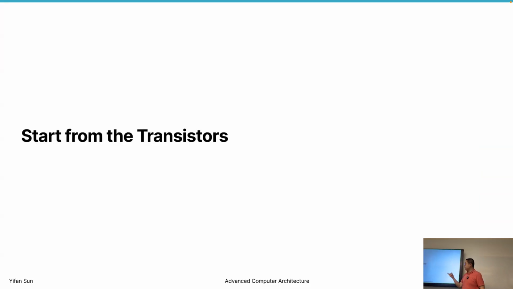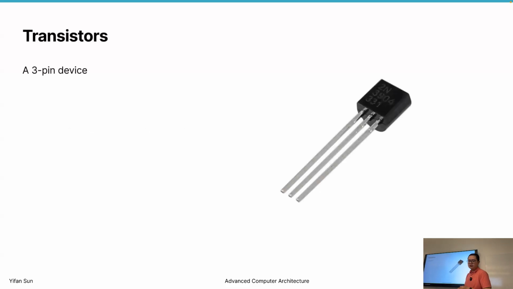So I don't want to waste time, so let's start from transistors and see there are many things that we need to consider when we design computer architecture as a higher level design. We all know transistors are the building blocks of chips, right? At the beginning, transistors looked like this.